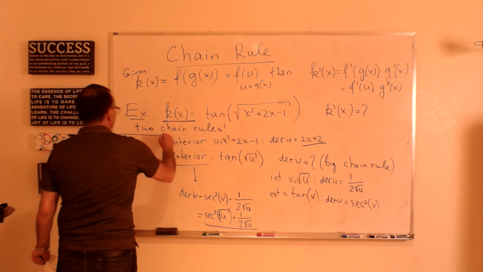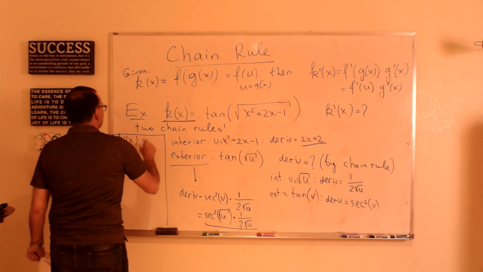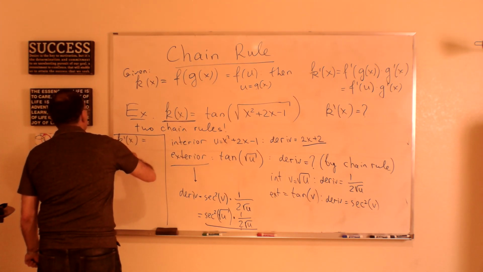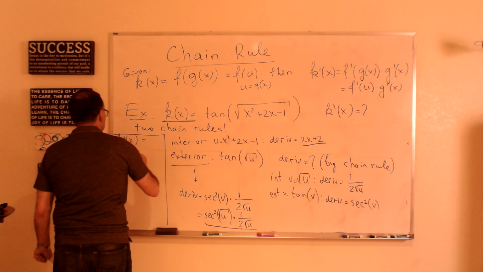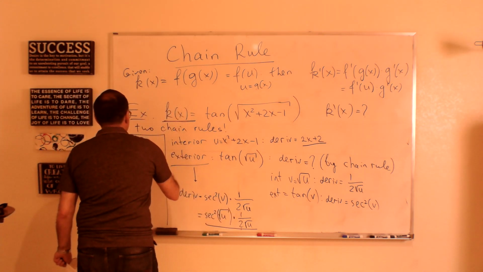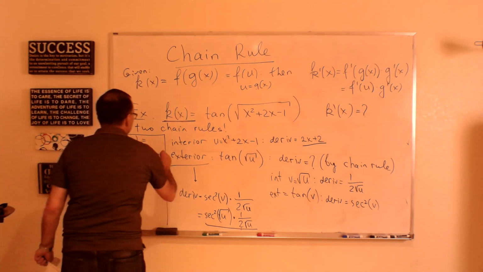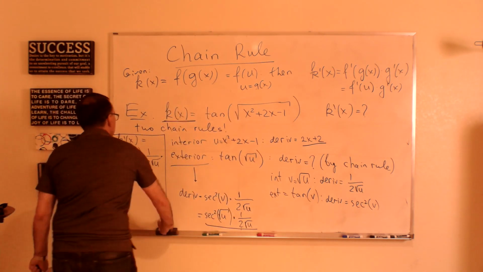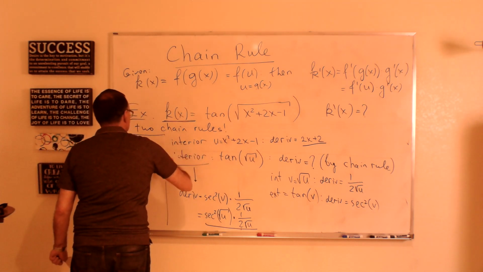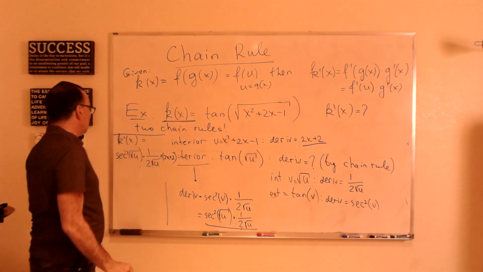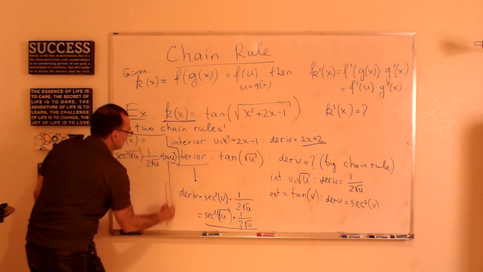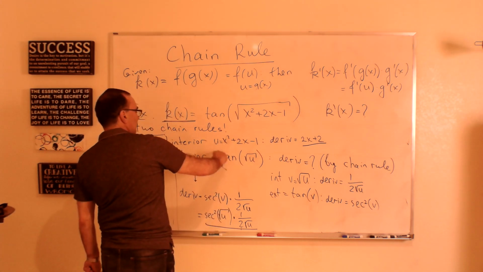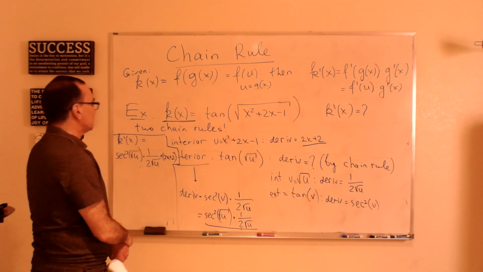So the overall answer will be this. K prime of x equals: we take the derivative of the exterior function, secant squared of square root of u times 1 over 2 square root of u, and then we multiply, where u equals the very interior, which is x squared plus 2x minus 1.